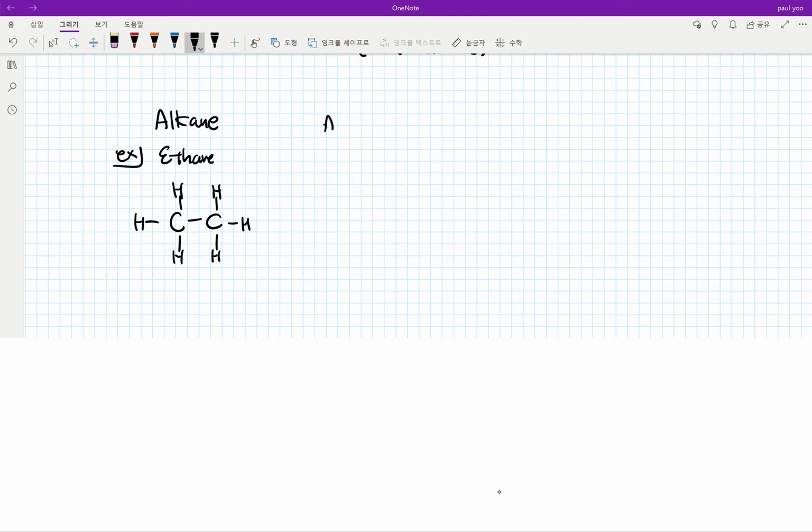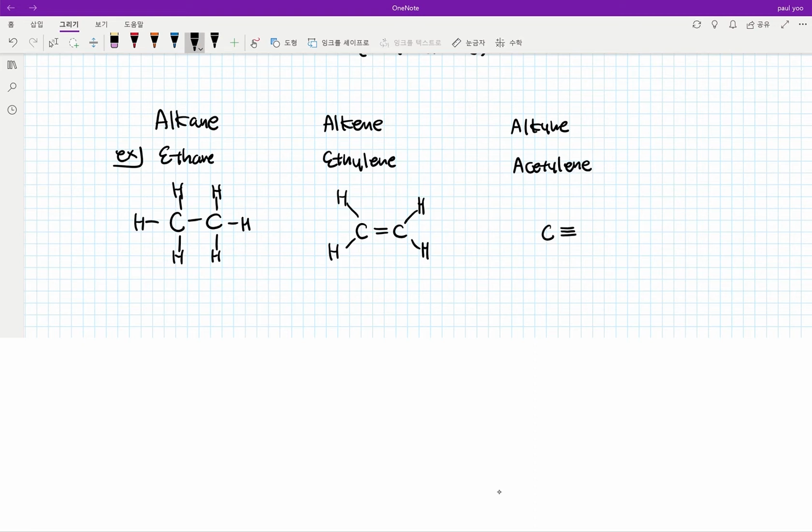For an alkene, we shall talk about ethylene, with a double bond and 4 hydrogens. And for an alkyne, we can talk about acetylene, and acetylene has a triple bond between carbons and 2 hydrogens attached to it.